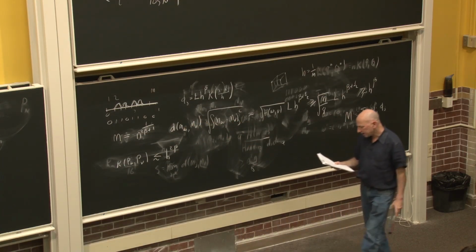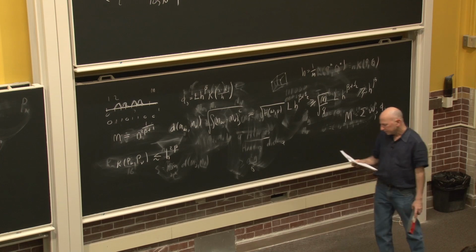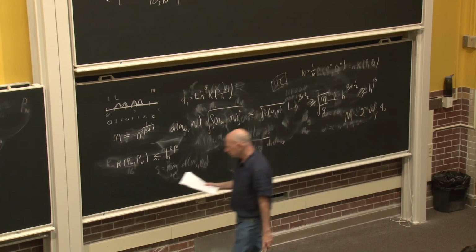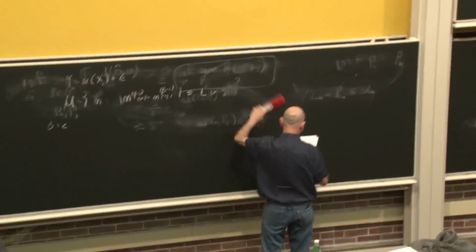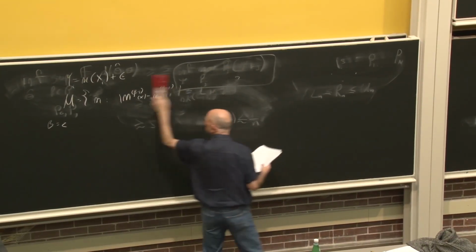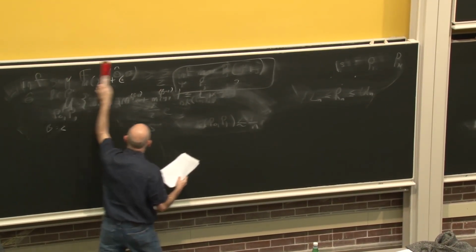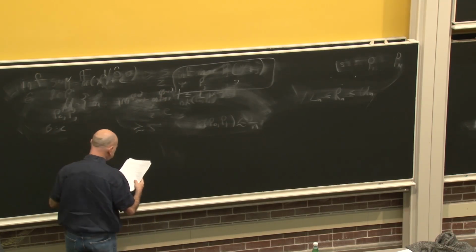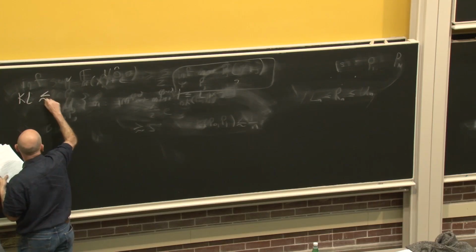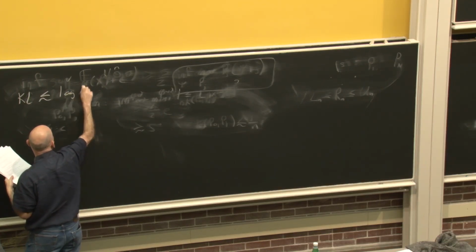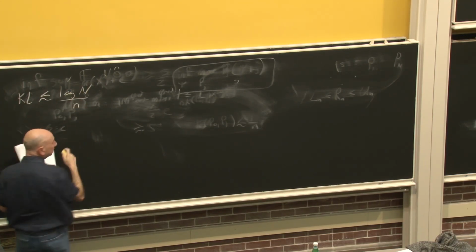But we have to check our condition. What is the condition we require? We need that KL distance to be less than something like log n over n.